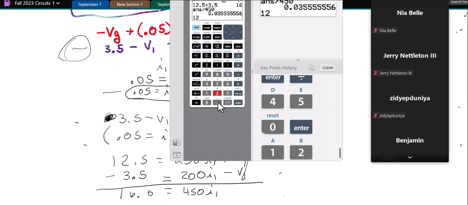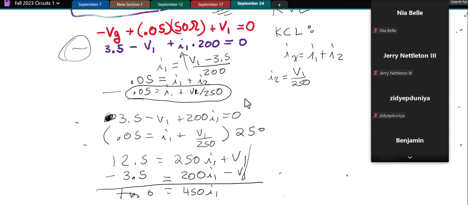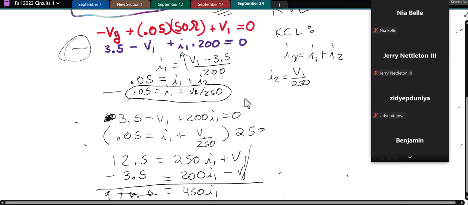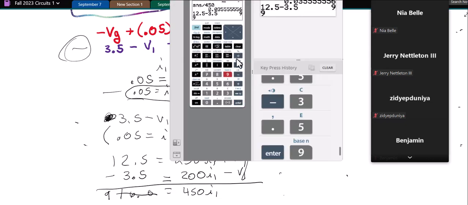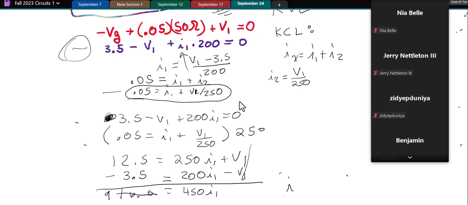I told y'all I make these mistakes, and this is what I get for going out on my own and saying, oh look, it'll work the same if I do it another way. I will certainly make arithmetic mistakes, so you have to watch me on that. So this should have been a negative 3.5, which means this should have been a 9, and now when I divide 9 by 450, I get that I equals 0.02 as it was supposed to.